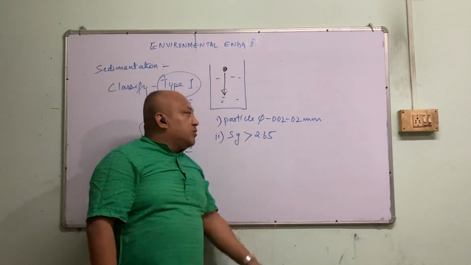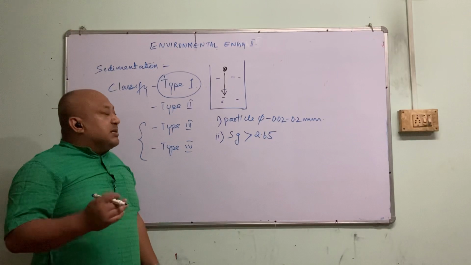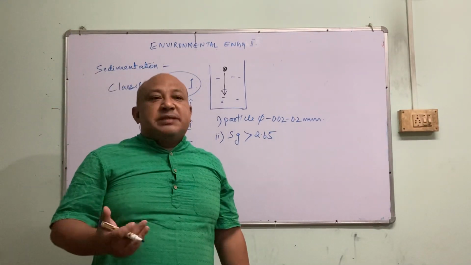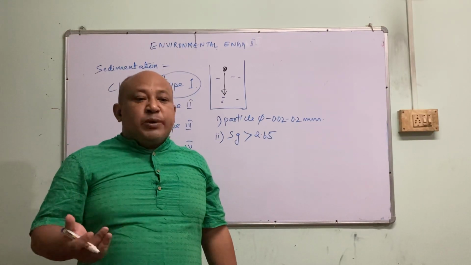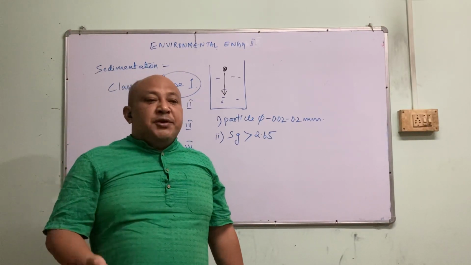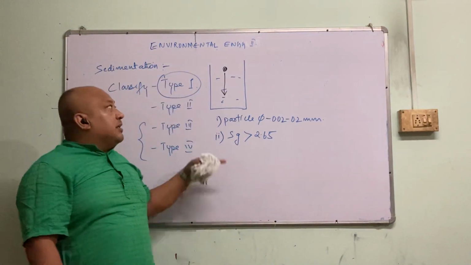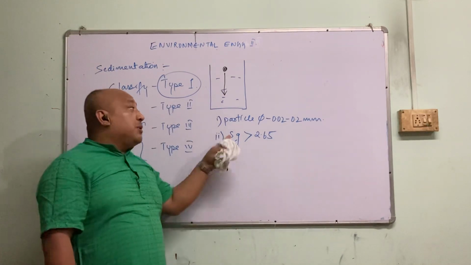From these 2 points, the conclusion we draw is that the particle is heavier than the water by 2.65 times. The best example is sand particles, grit particles. During solid mechanics, when you do analysis for sand, you know that the specific gravity of sand is 2.65. That means the type of particles settling down is like grit particles. But what about the size?